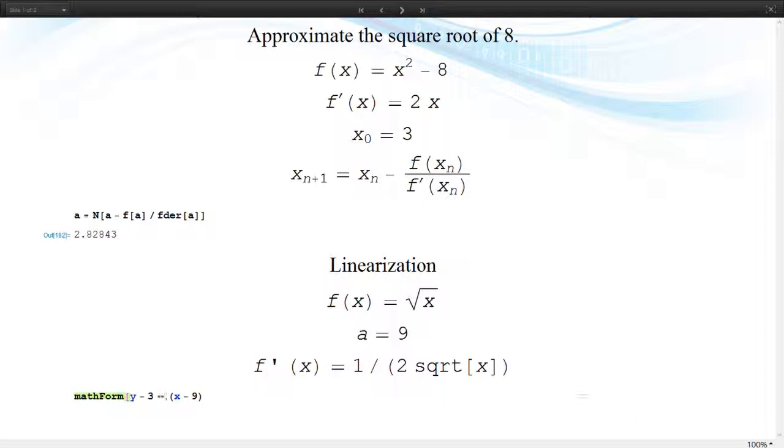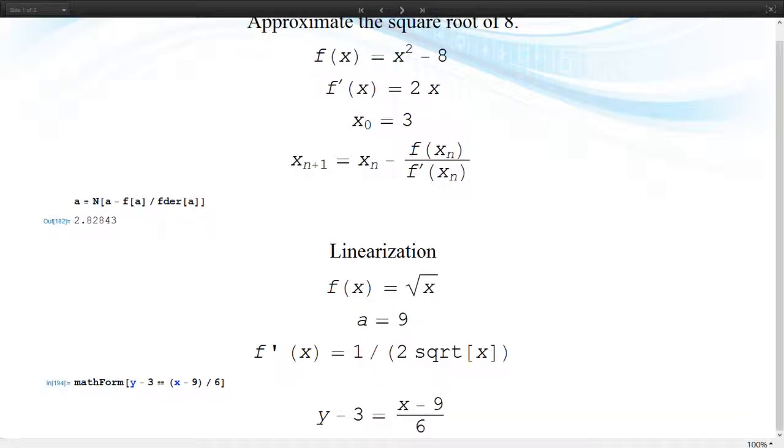When we plug in 9, we get 1 over 2 times the square root of 9, so that's 1 over 2 times 3, which is 1 over 6. So our slope is 1/6. So I'll just divide by 6. And this is our line. And if we add 3 to both sides, we solve for y.